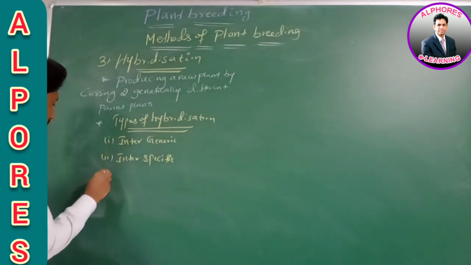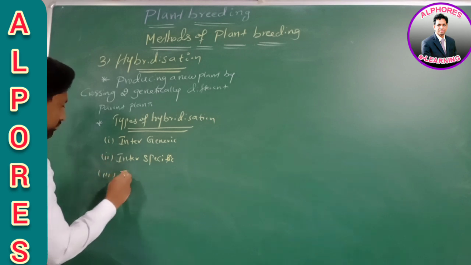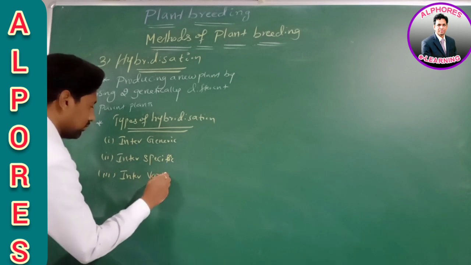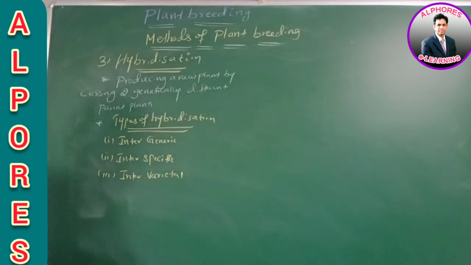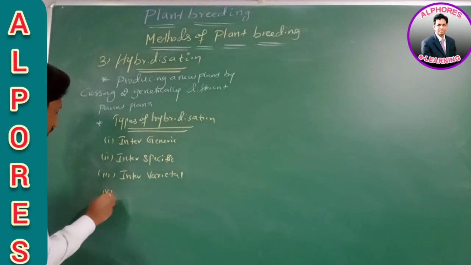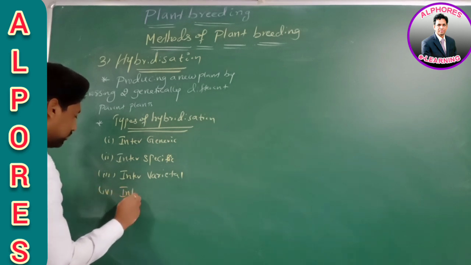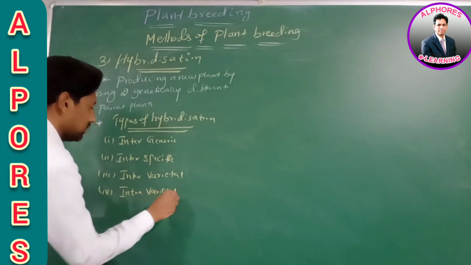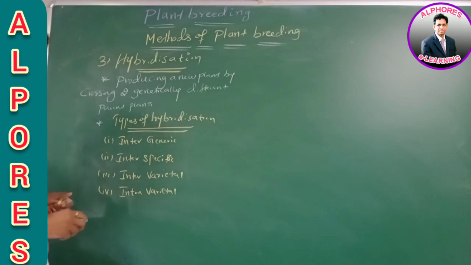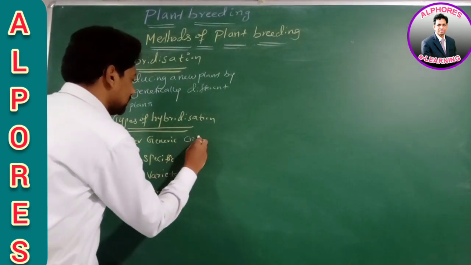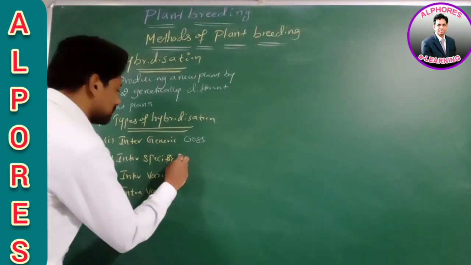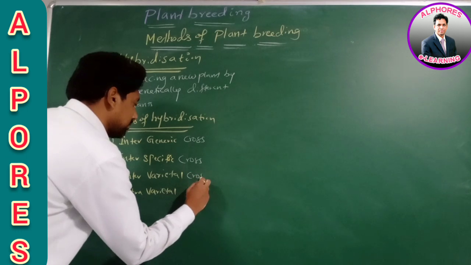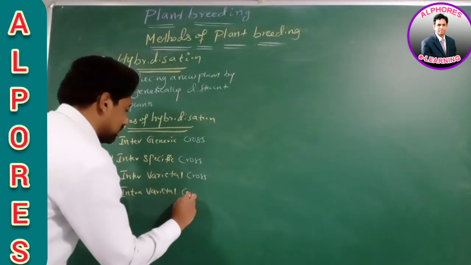Number 3, intervarietal. Number 4, intravarietal. The first is intergeneric cross, the second is interspecific cross, the third is intervarietal cross, and the last is intravarietal cross.